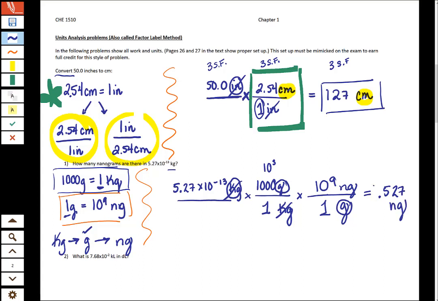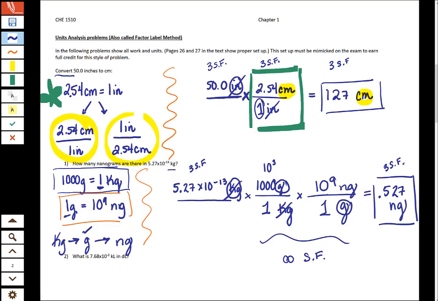Okay. So if we stop and we talk about significant figures, here, 3 sig figs to start. These metric to metric have infinite significant figures. So we have 3 sig figs at the end.